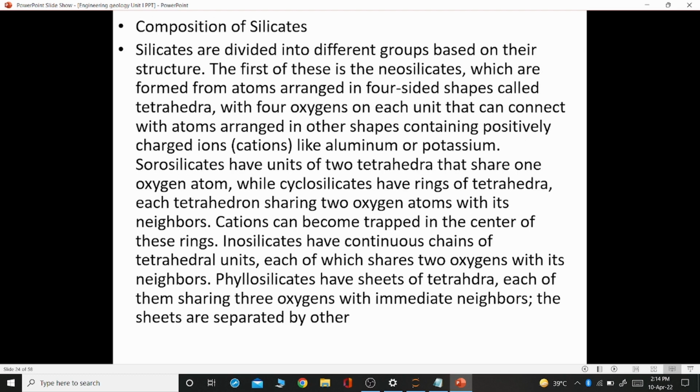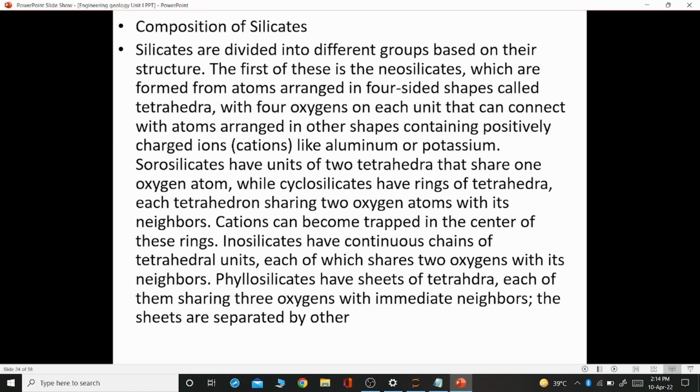Composition of silicates. Silicates are divided into different groups based on their structure. The first of these is nesosilicates, which are formed from atoms arranged in four-sided shapes called tetrahedra, with four oxygens on each unit that can connect with atoms arranged in other shapes containing positively charged ions, commonly called cations, like aluminum or potassium.